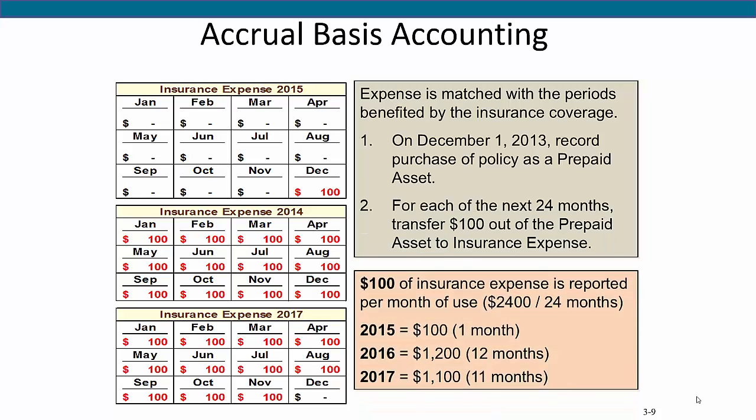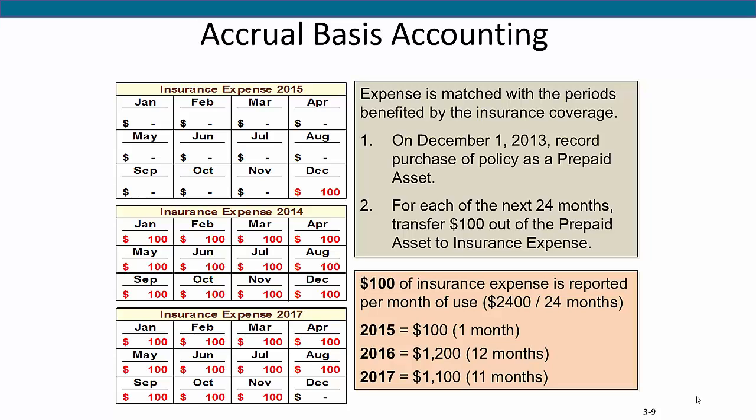So using the same example, on the accrual basis, we would initially record a prepaid asset for $2,400. Prepaid asset is on the balance sheet. Then, using adjusting entries, we will systematically record $100 of insurance expense in the month of December 2015, $100 for each month in 2016, and $100 for the months January through November in 2017.